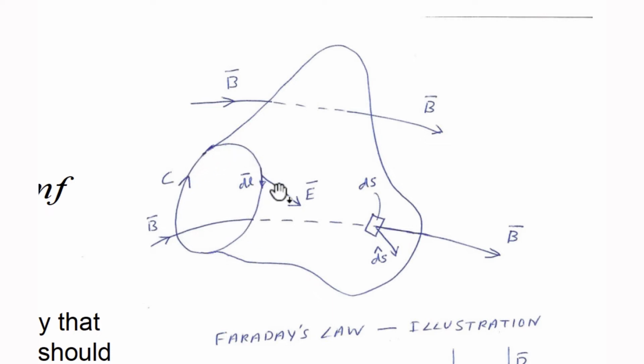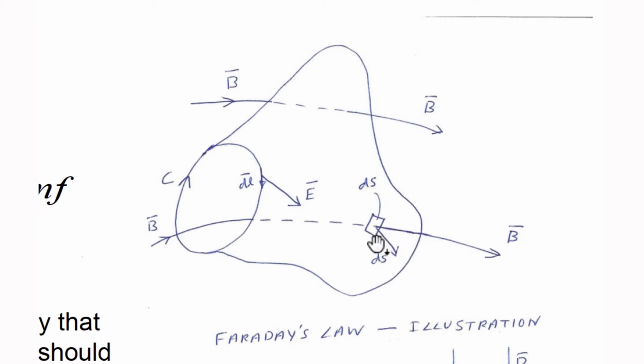What Faraday's law is stating is that if you sum up all the components of the E field along a closed path and multiply by the small elemental length, that is, if you take the line integral of E along the closed path, then that is equal to the surface integral of the magnetic flux density vector.